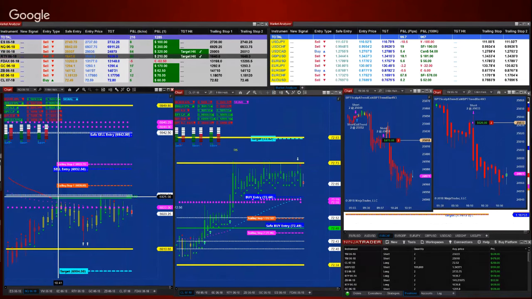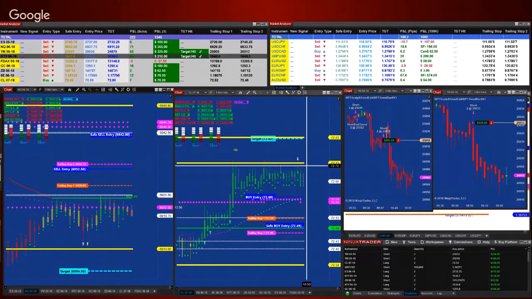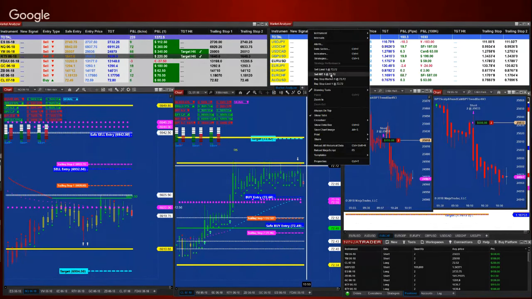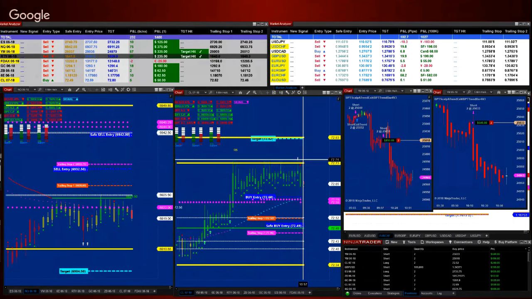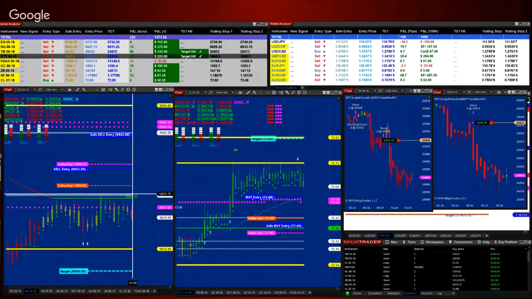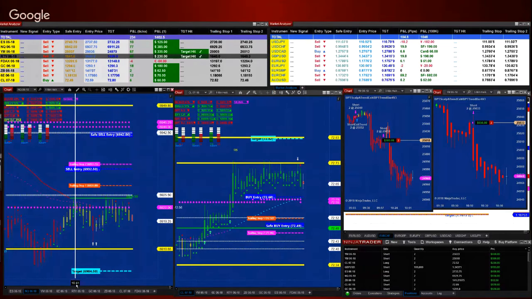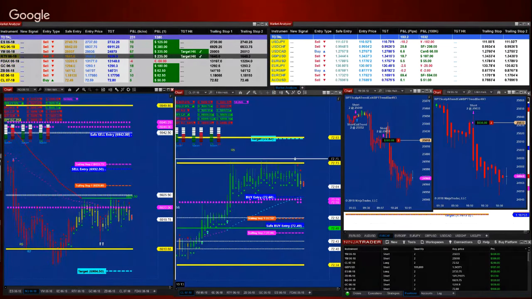That indicates that if you take a short here and put your stop loss above it, it is a very cheap trade with a very nice risk reward.